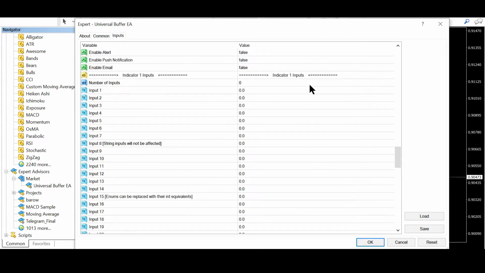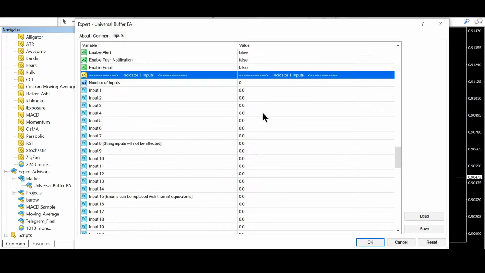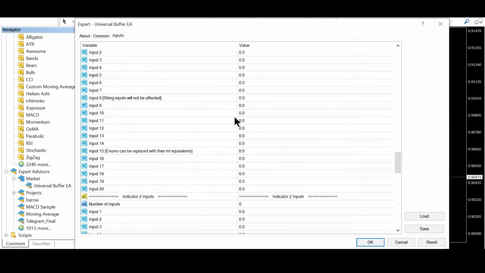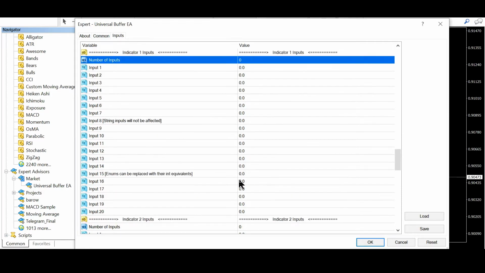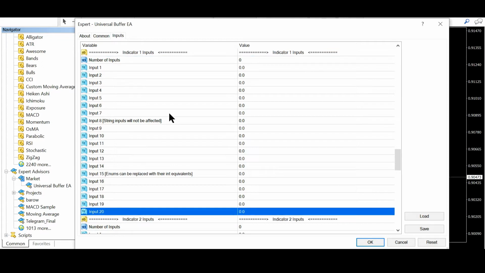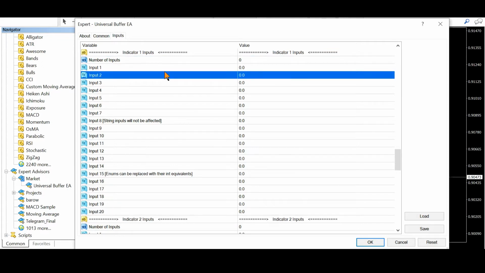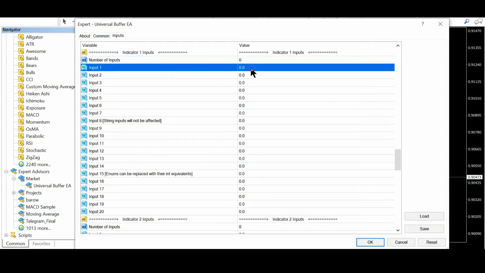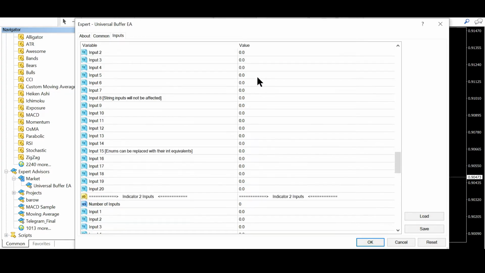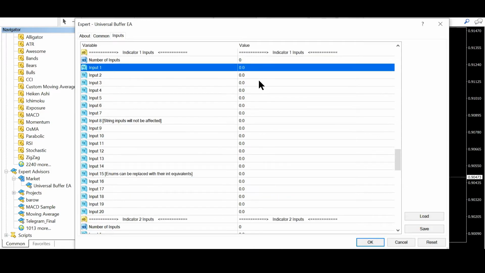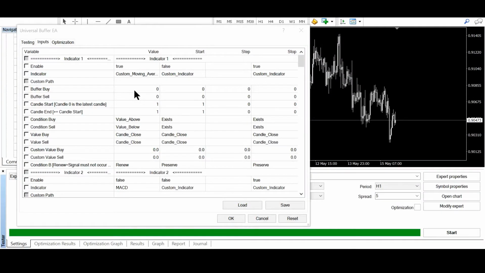And here you have the indicator inputs. So you can specify 20 inputs, and you can then also optimize the inputs. I will show later in the video how you can optimize the inputs. Okay, let us test the first indicator now.